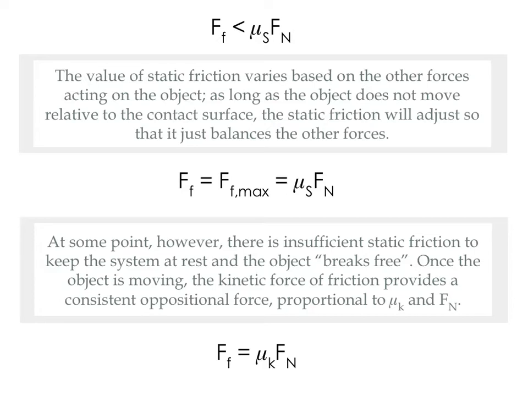If an object is not moving at all, we need to decide whether it is in this situation where it's not at the point where it's using the maximum amount of static friction, whether the object is about to move, and so the frictional force is the maximum value, mu sub s times the normal force, or whether the object actually moves, and then we're just switching to kinetic. And so as we look at this question, we're going to have to first decide which of these three categories the block is in for each situation.